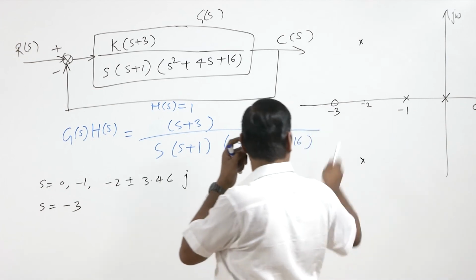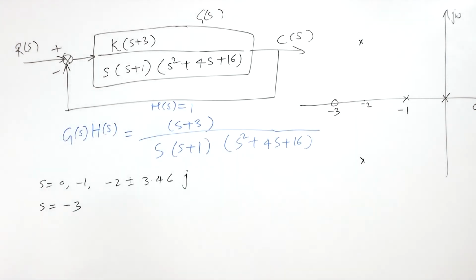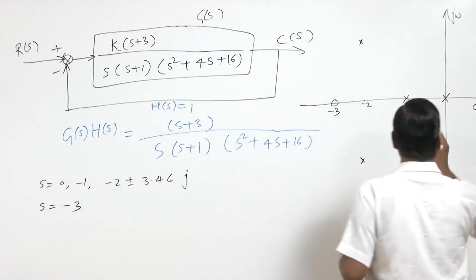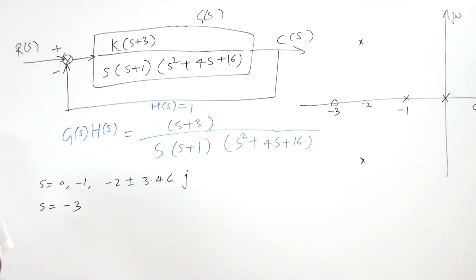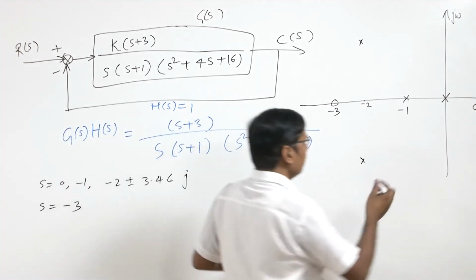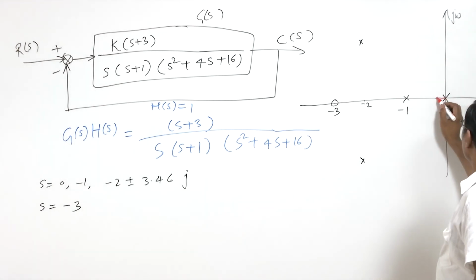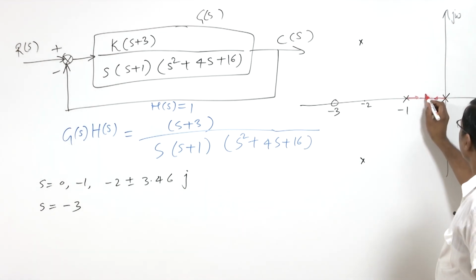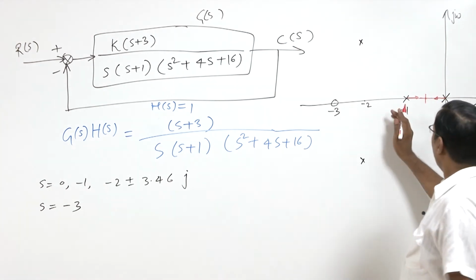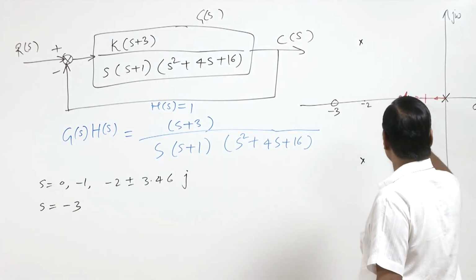So we have 4 poles, and the root locus will lie in this region. The root locus will start from here and break away at some point, and then it will not lie in this region.